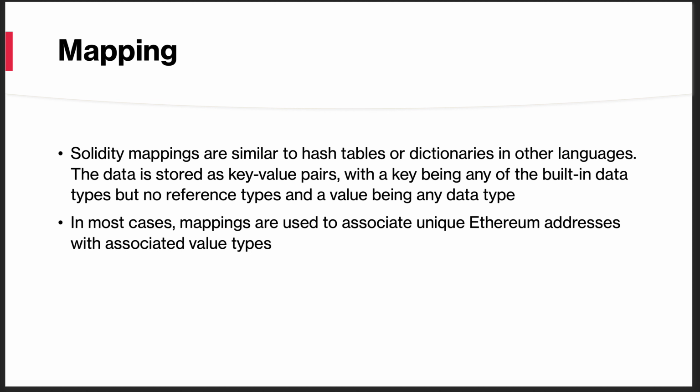And then finally, mapping. Mappings are similar to hash tables or dictionaries in other languages. Basically, you have data stored as key pairs, with a key being any of the pre-built data types. So you could have a key pair for EVM, and the other half of the key pair would be a number. It can be any data type, it doesn't matter. Now, these are usually used to associate unique Ethereum addresses with value types.